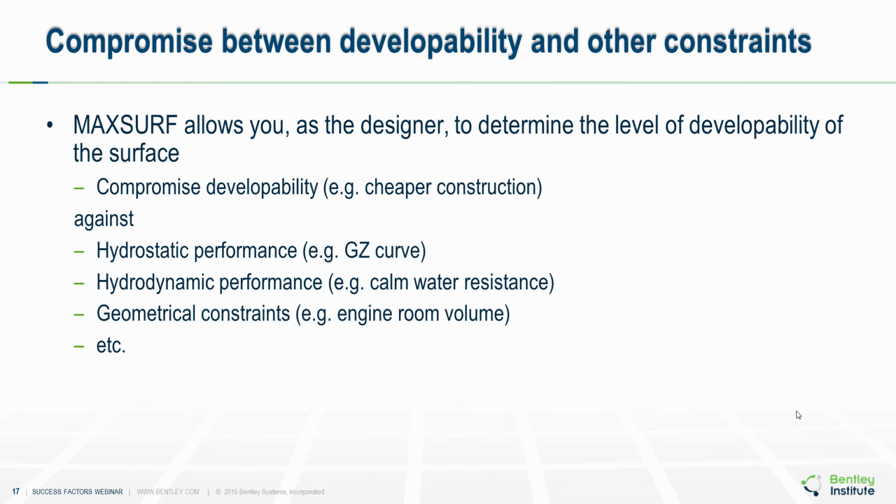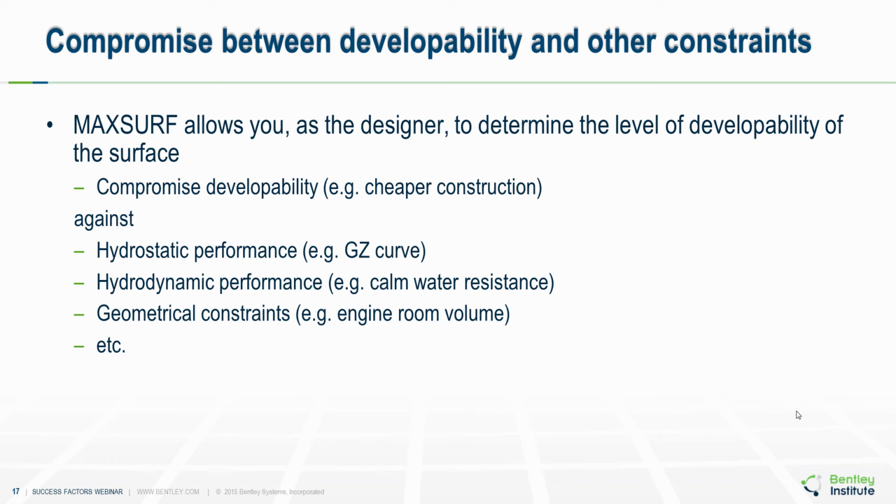So often when we're designing a ship, there's a number of compromises that need to be met. And in this case, we're aiming for a developable surface for the construction constraints, but often there are other competing constraints that we might want to address. So MAXSURF allows you as the designer to determine the level of developability of the surface.